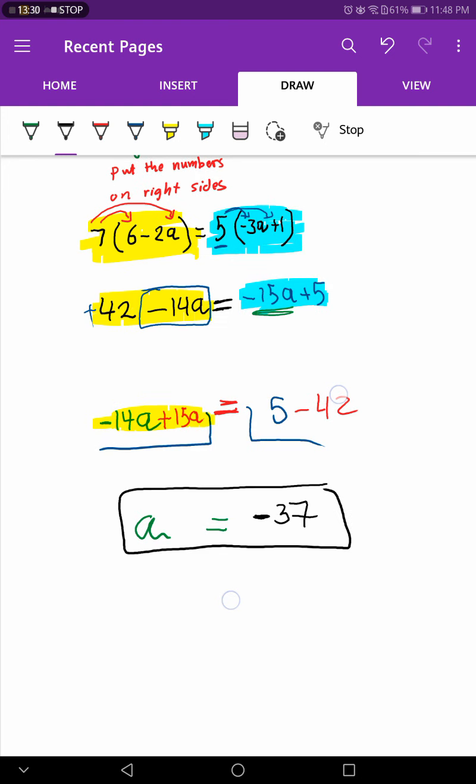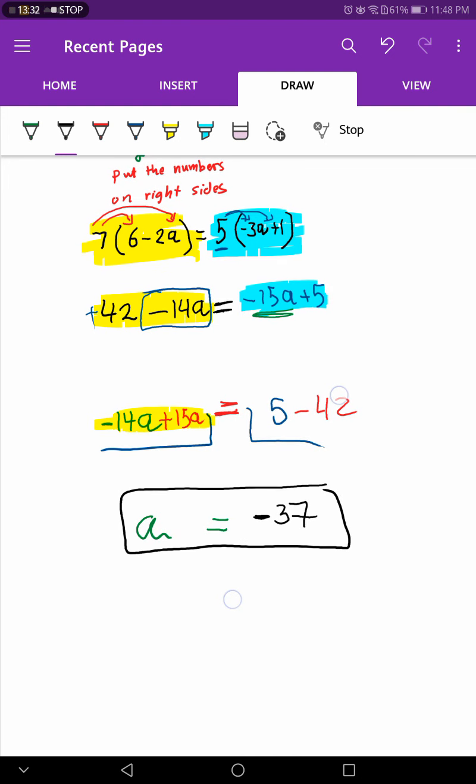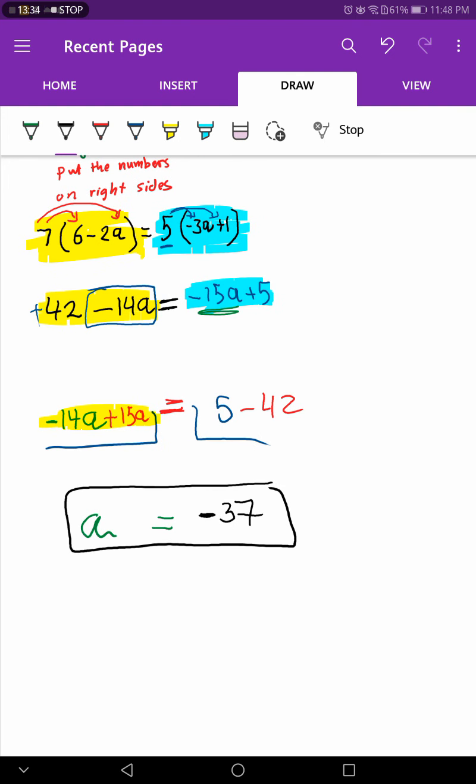Let us remind ourselves of the meaning of the solution. The solution is the value of the variable that makes the left side equal the right side. When you replace the a by negative 37, you get the number here equal the number here.